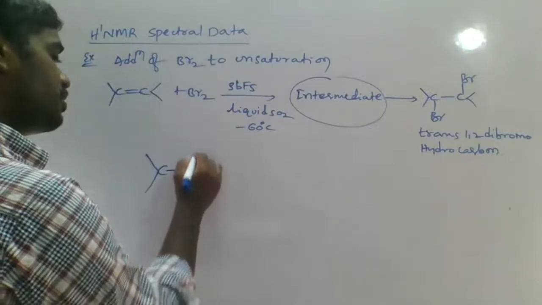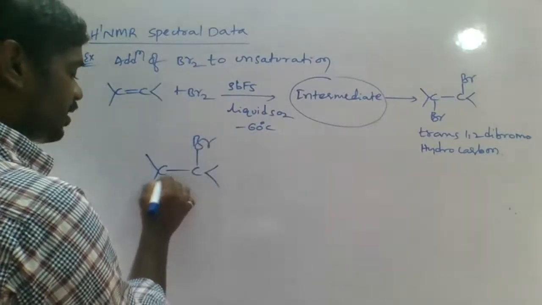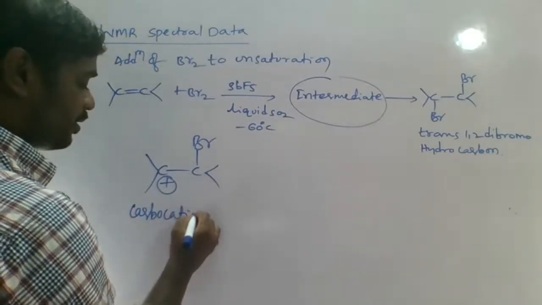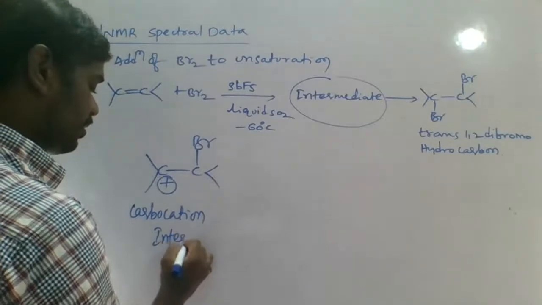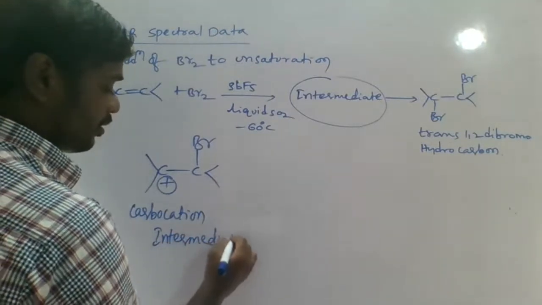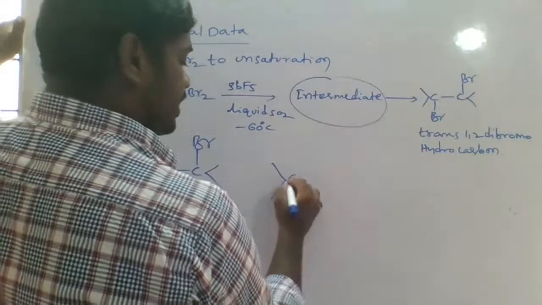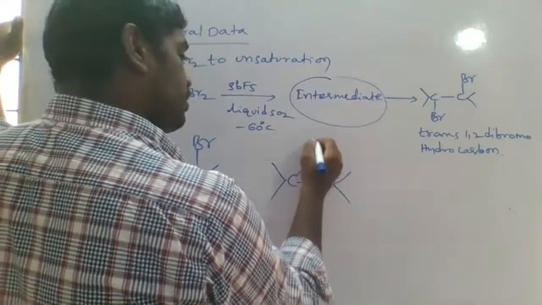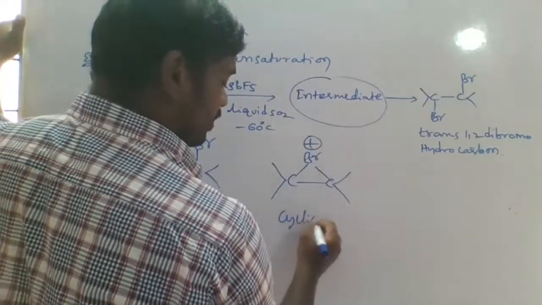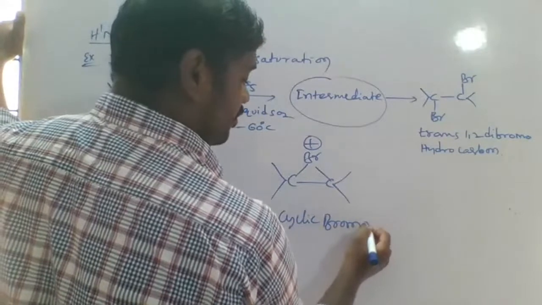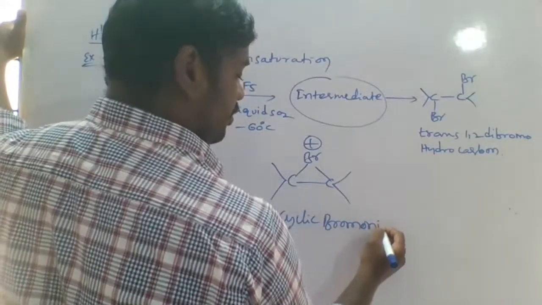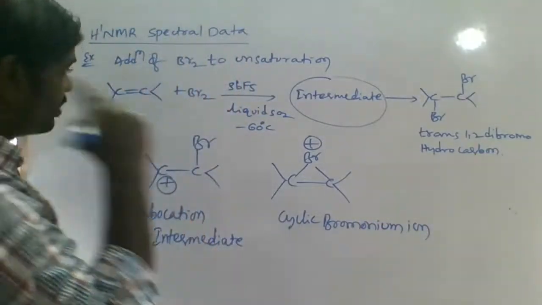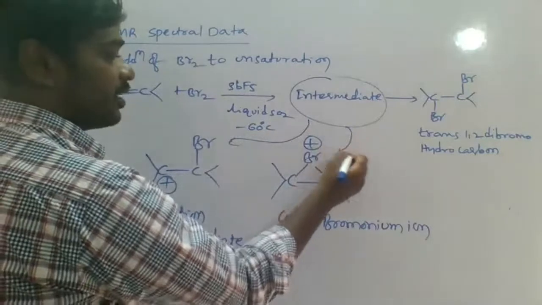Another is the cyclic bromonium ion. These two are the possible intermediates.